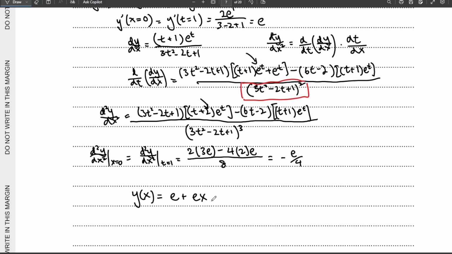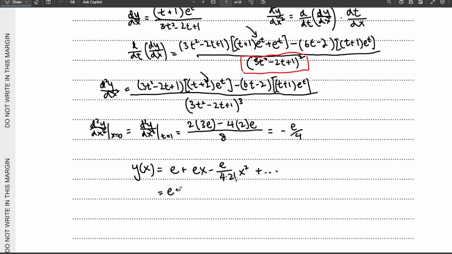The third term we have negative e divided by 4, divided again by 2 factorial, then multiplied by x squared. Then you have plus dot dot dot. So the simplification is negative e over 8 x squared. So yep, that's the Maclaurin series.